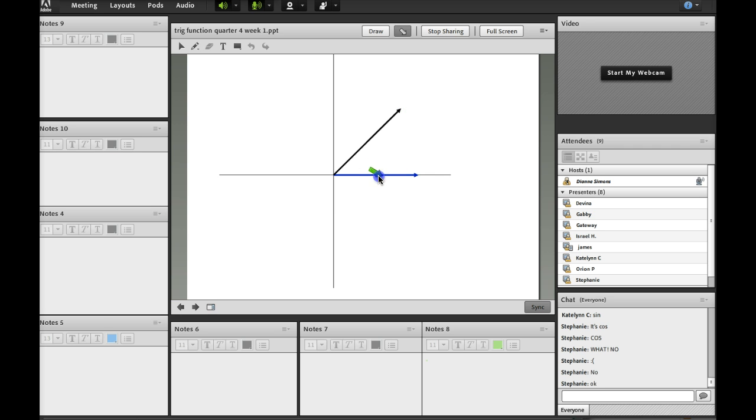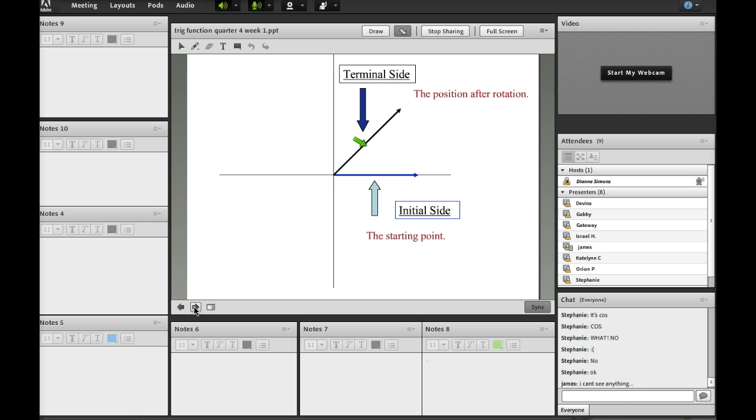The way that we measure an angle is from the initial side, and the initial side is always on the x-axis, right there. The terminal side is the side that we measure to. Does that make sense? Initial side is where we start our measurement, and we measure to our terminal side. Okay, starting point. And terminal side, that's the position after you rotate, or the ending point.